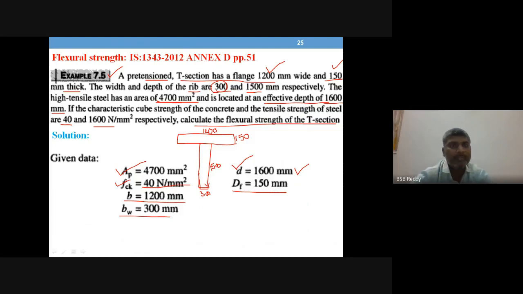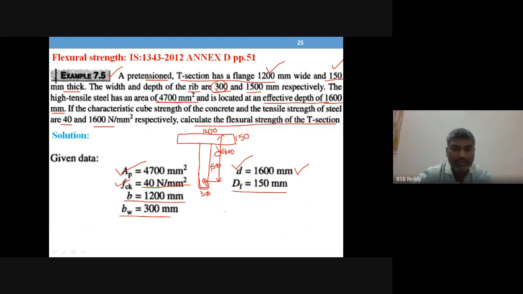The effective depth is mentioned as 1600. So the overall depth of the section is 1500 plus 150, 1650. So 50 is the effective cover. This is the steel location. From the top, it is 1600, the effective depth, small d value.